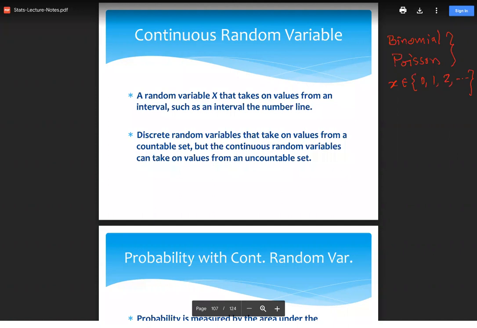I have mentioned this specifically with an intention to make a distinction between the two so that you can compare and contrast. So here X values could be certain numbers like 0, 1, 2, 3, 4, etc. But in the continuous case, X would be a value from an interval.